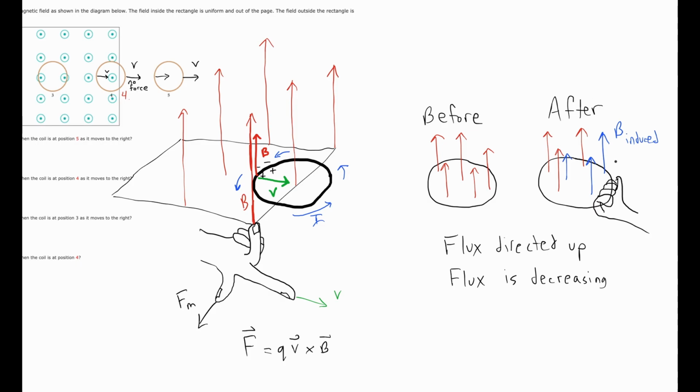And then what happens is the thumb points in a direction that's counterclockwise for the current. And so both of these rules are supposed to be in agreement with each other. Two totally different ways of analyzing it, but we get the same result.